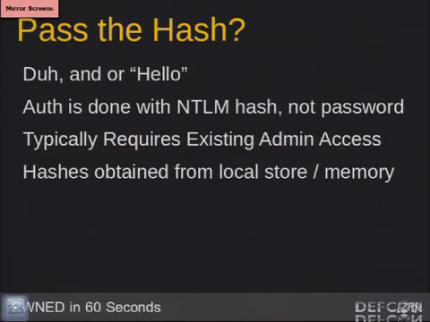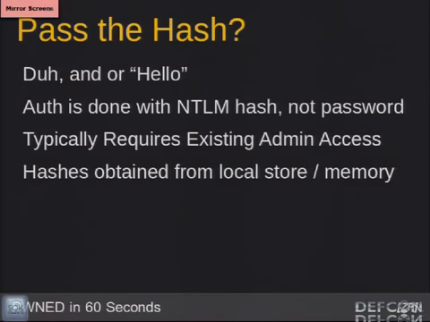So there are some known issues, like I said already, the pass the hash stuff. Pass the hash uses the NTLM hash. As we look at the protocols for NTLM, the NTLM hash is used, not the original password, so all we need is the NTLM hash. We can access the NTLM hash using various tools in Windows to gain access to the local system password store, as well as memory, and access these password hashes from there.